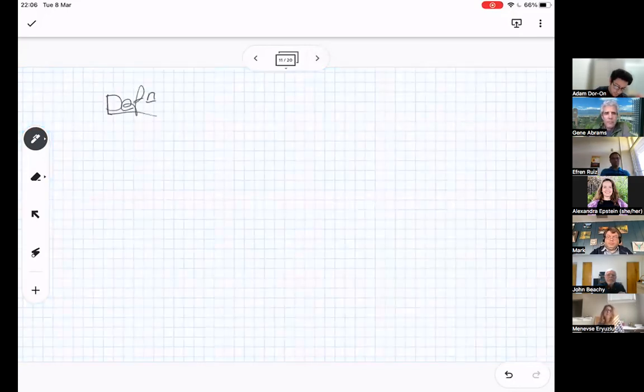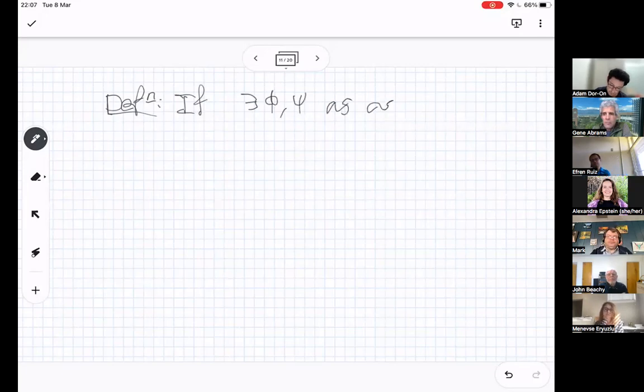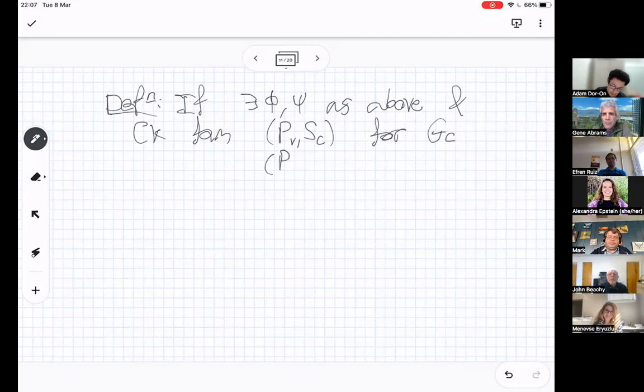Definition: if there exist phi and psi as above, so path isomorphisms, or short, range and source preserving bijections, as well as Cuntz-Krieger families, these families satisfying the relations CK0 up to CK2, one for the graph of C and the other, P_V, T_D, for the graph of D, such that 3 things happen.